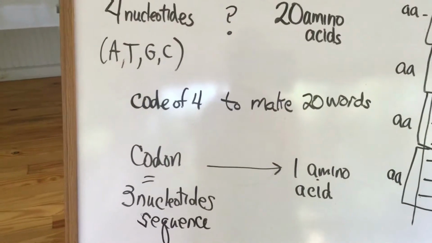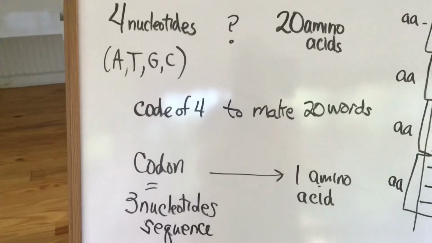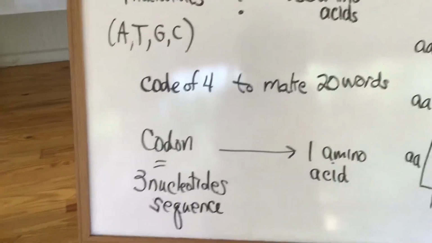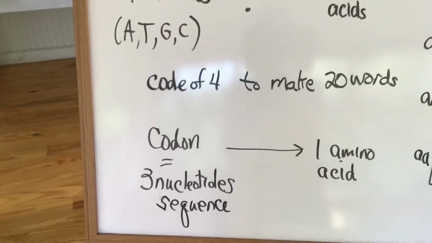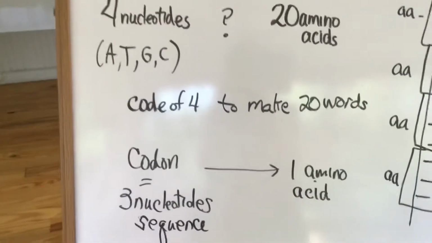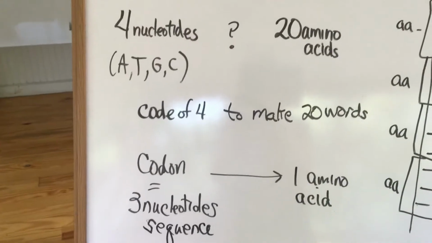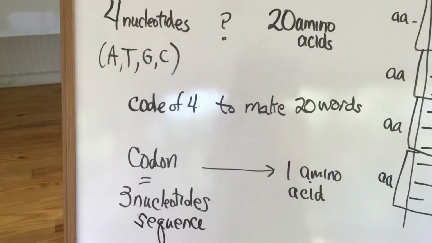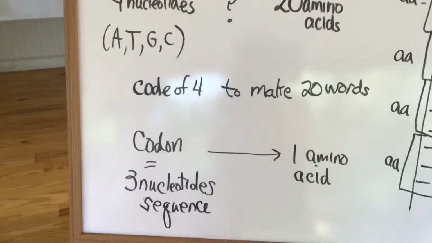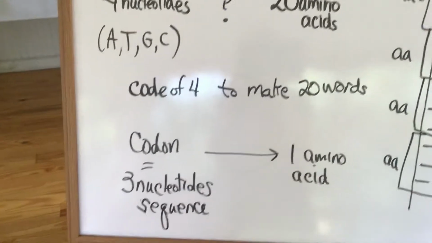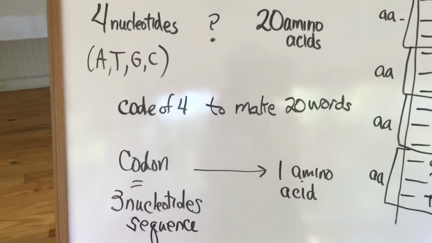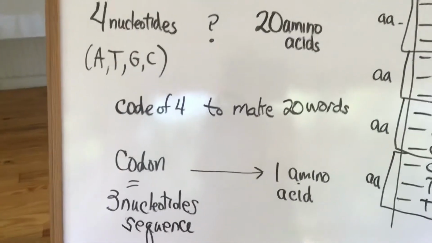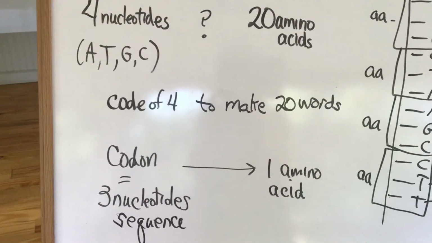If we used 2 of them at a time, for example, A and T, or A and G, or A and C, as a code, then that would only give me 4 to the 2, or 16 possibilities. So instead, I do 4 to the 3, that is 3 nucleotides in a row, and those are going to give me 1 amino acid, and that makes plenty to go around, because that would be equal to 64. All right, so we have 64 possible codes.